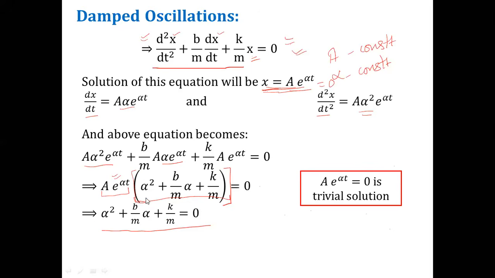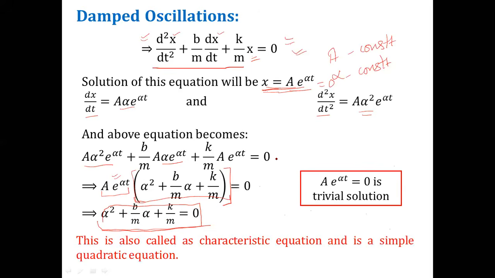So now if this term is equal to 0, it basically means that a simple quadratic term is equal to 0. And we are all very well aware of the solution of these kind of equations, right? You can find the solution of a quadratic equation very easily.